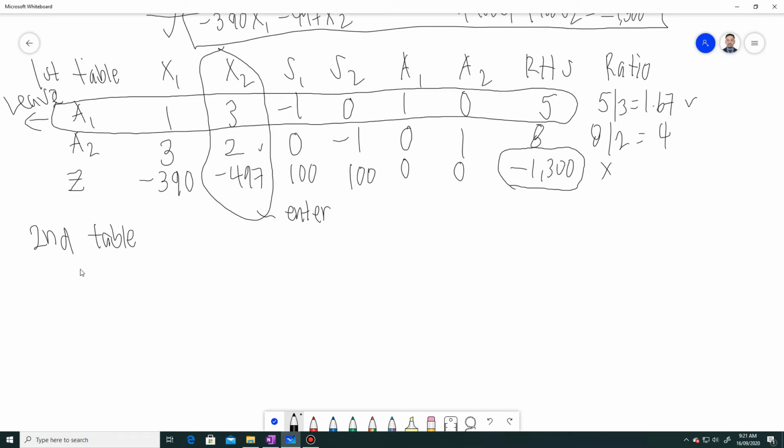As we said, x sub 2 will be the entering. It will replace a sub 1, and then we just write a sub 2 and z, and then we copy the existing column variables as above.